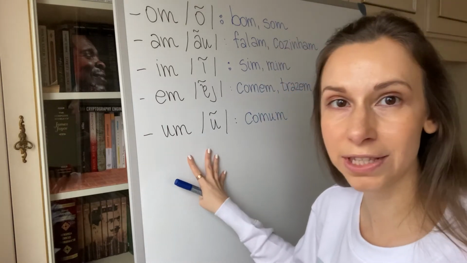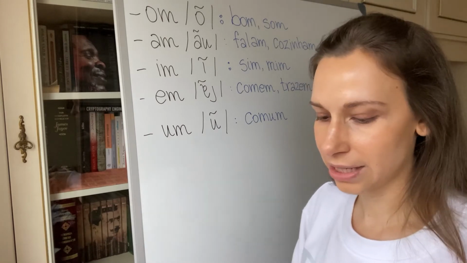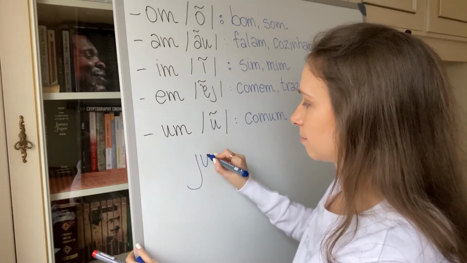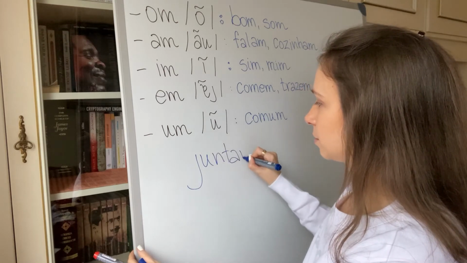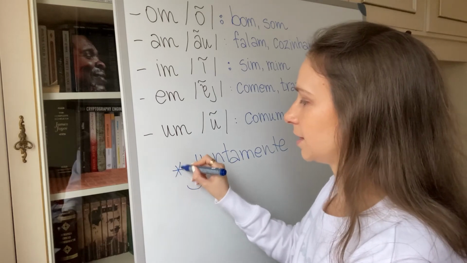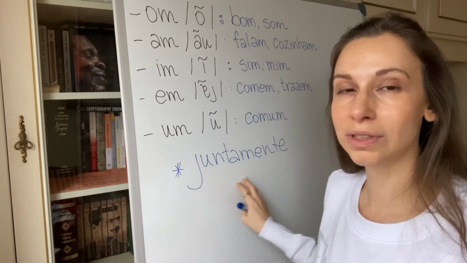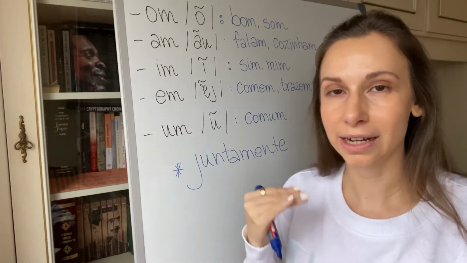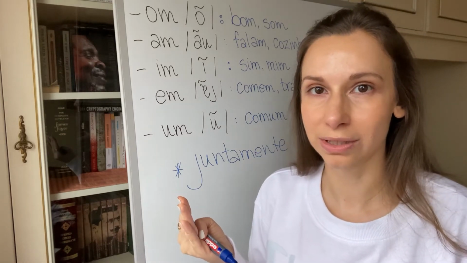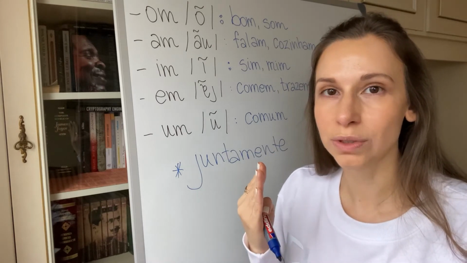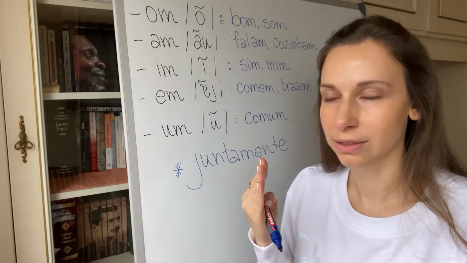Okay, so if this is the rule, let's see, why do I read this word with M? When I say juntamente, juntamente, I actually pronounce M as bilabial. M. Juntamente.